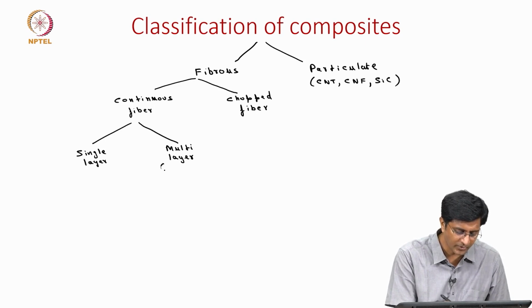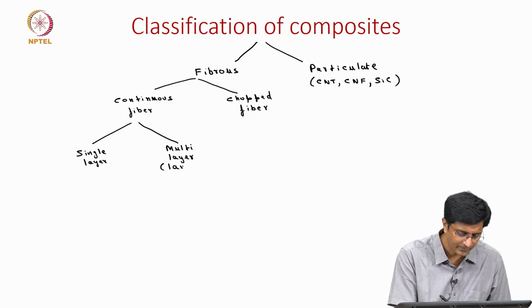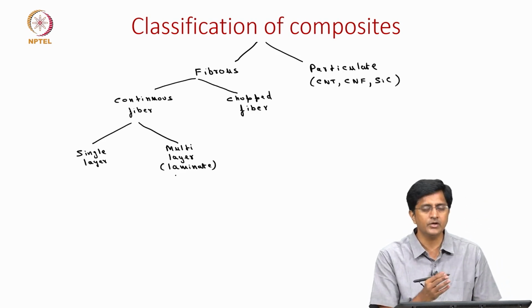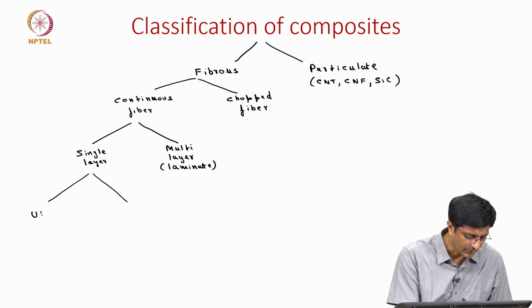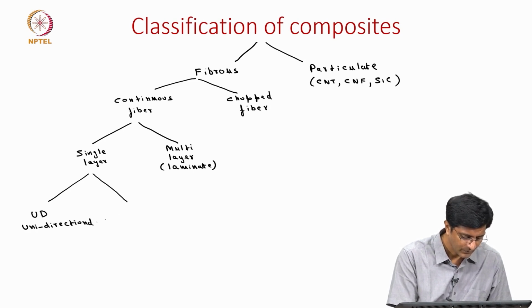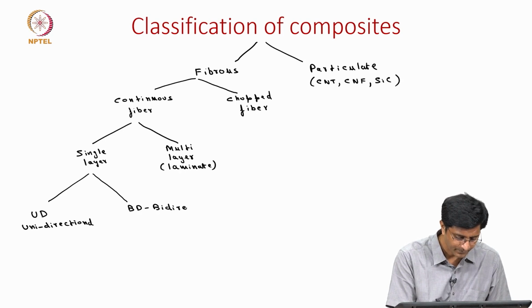The other name for the multi-layer is the laminate. In the single layer there are unidirectional, UD, as well as bidirectional, BD, also called the woven composite.